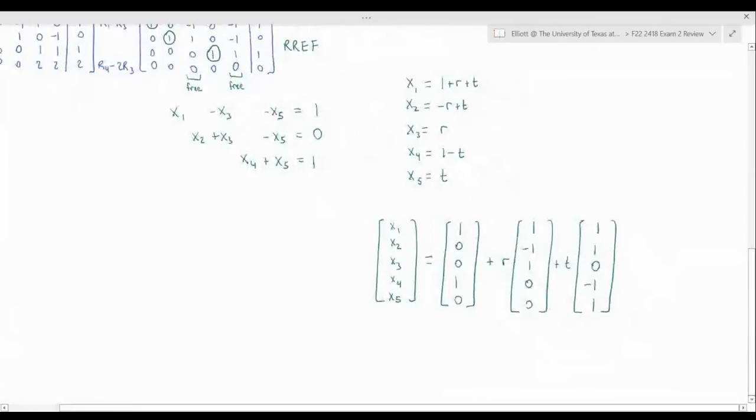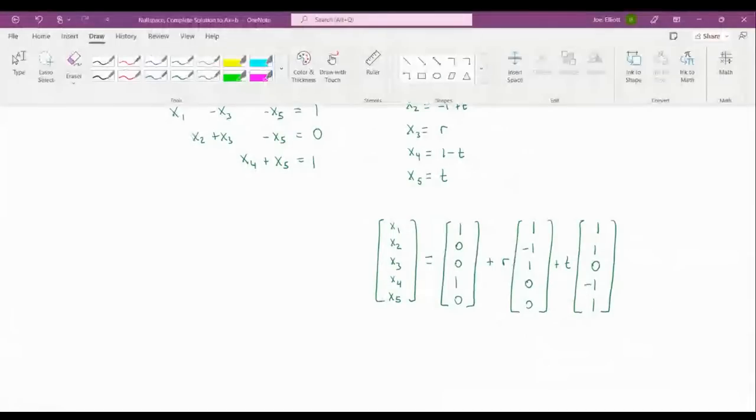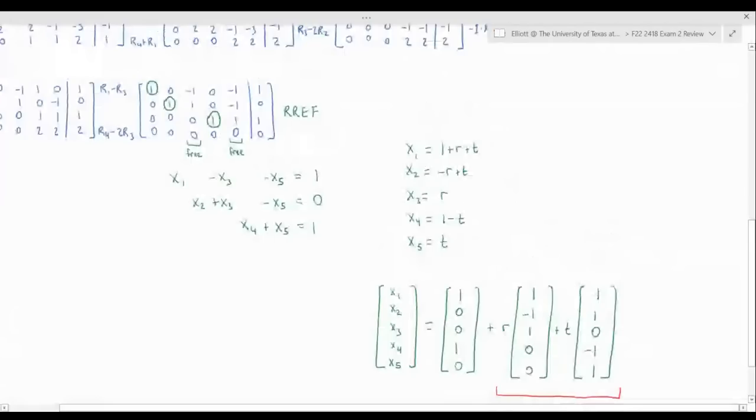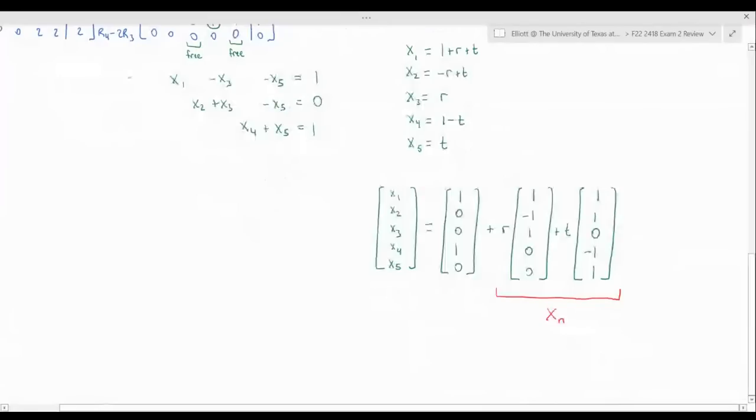So then once you write it in this form, this part here with the r and the t in them is actually going to be the general solution to your Ax equals 0 equation. So this part is representing your xn part of the complete solution. And then this vector here is going to be your particular solution, xp. Okay.